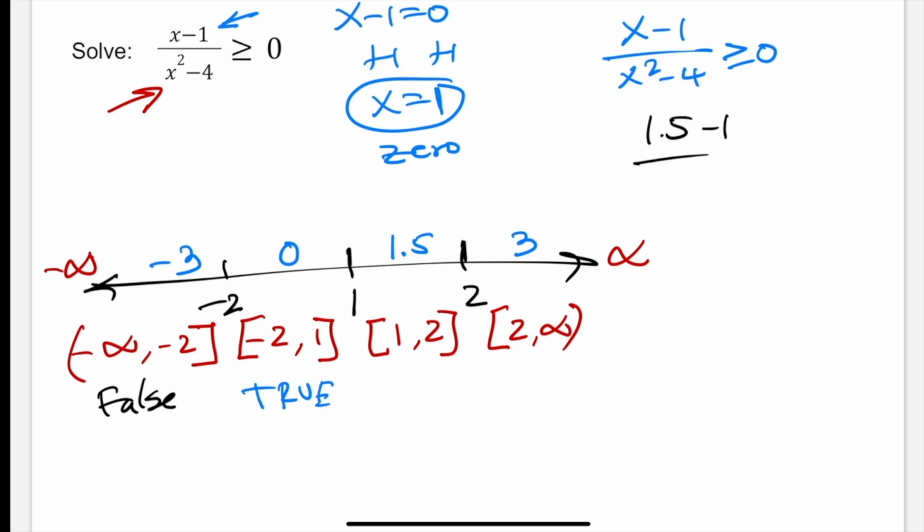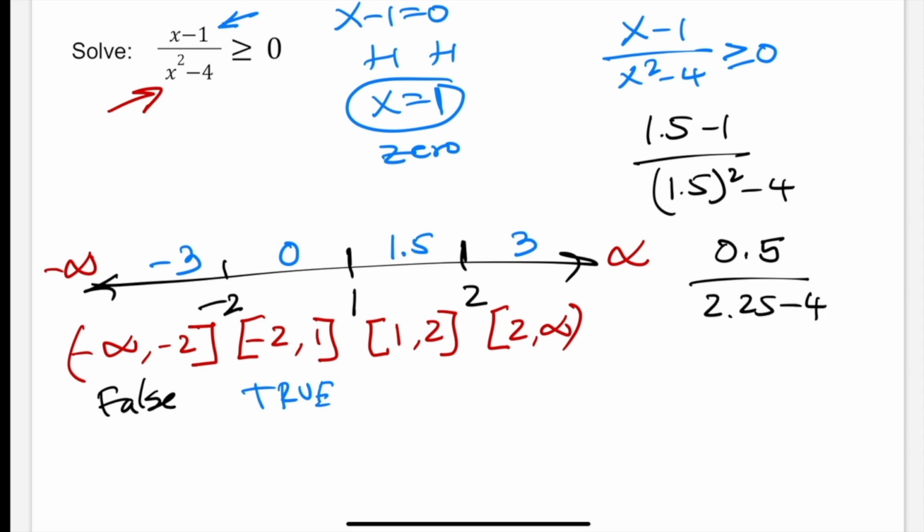1.5 minus 1 gives me 0.5 on the top. On the bottom, 1.5 squared minus 4: 1.5 times 1.5 is 2.25, minus 4. That's going to give me a negative number on the bottom.